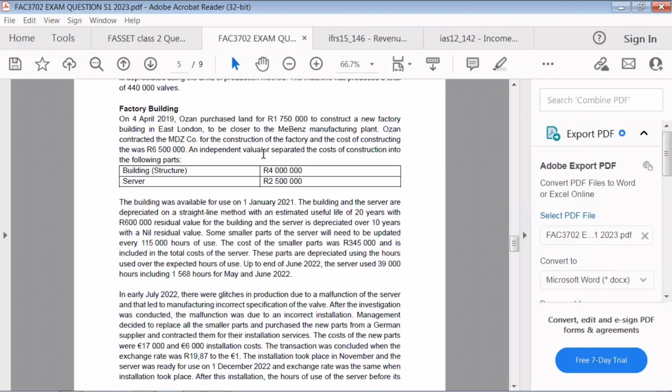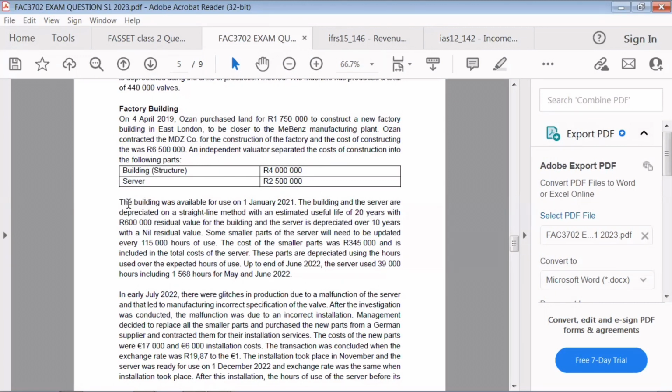An independent valuator separated the cost of the construction into the following components. The building, the structure, is 4 million, right? So within this, and then the server is 2.5. Okay.